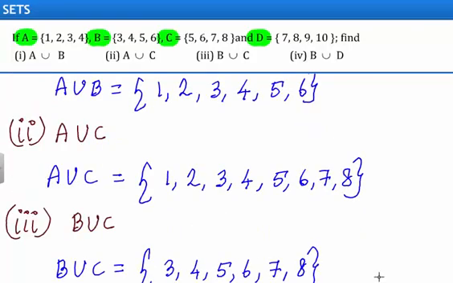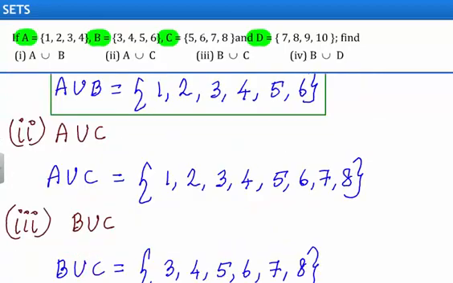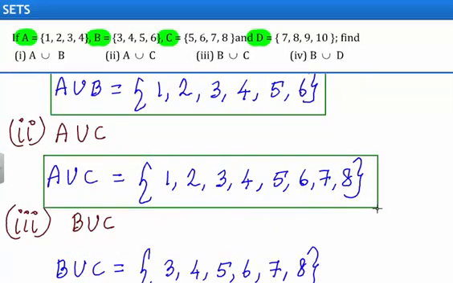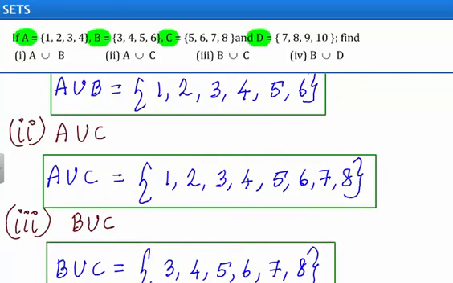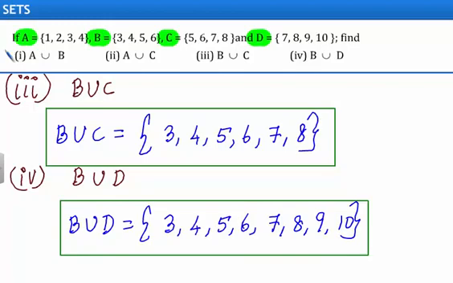Thus, we have found A union B, A union C, B union C and B union D. This completes the solution.